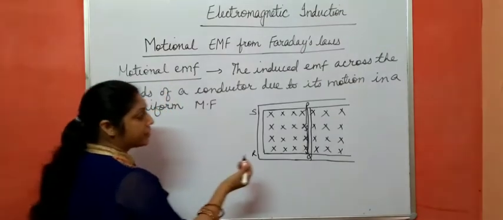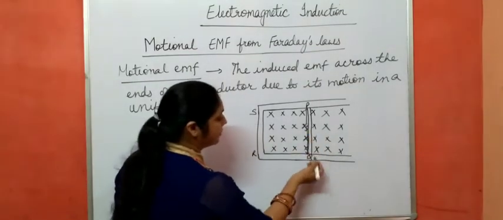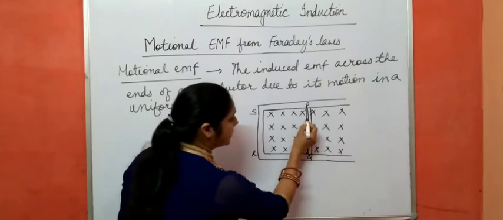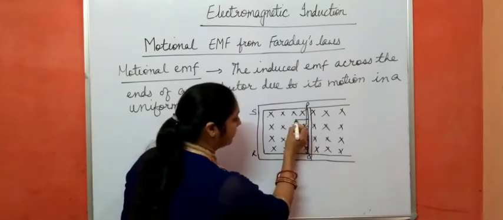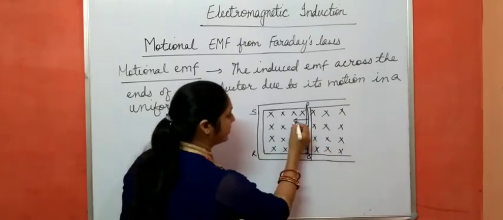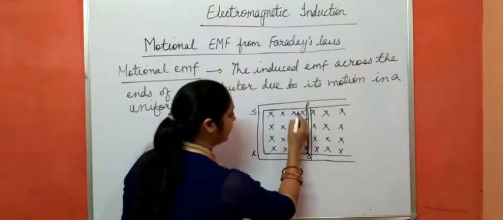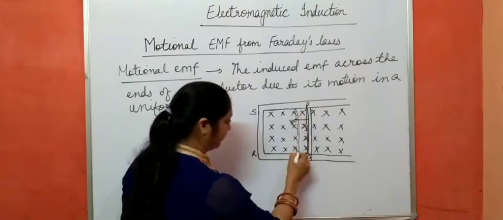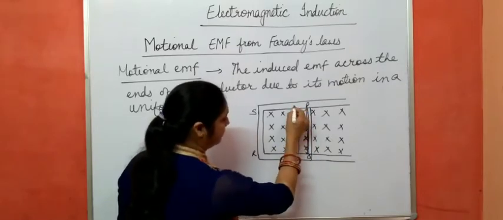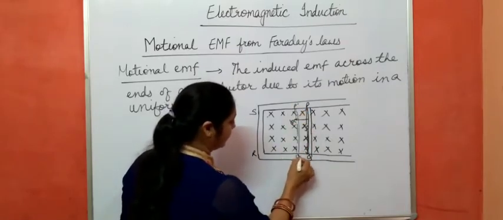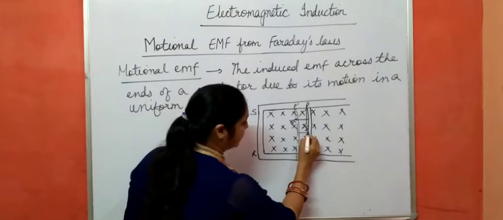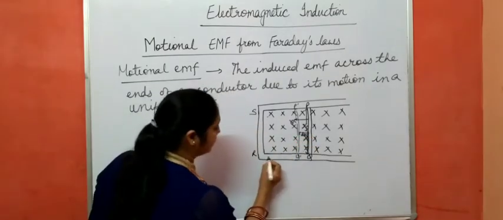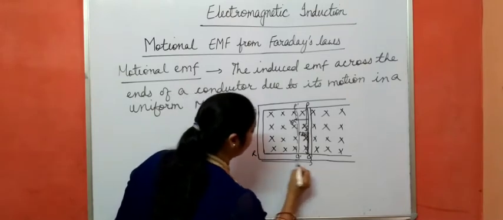So what is the expression? How can you derive it? Suppose this conductor is moving towards left with some velocity v, and suppose it comes to this point P dash, Q dash, moving some distance dx in time t. Suppose this is x.